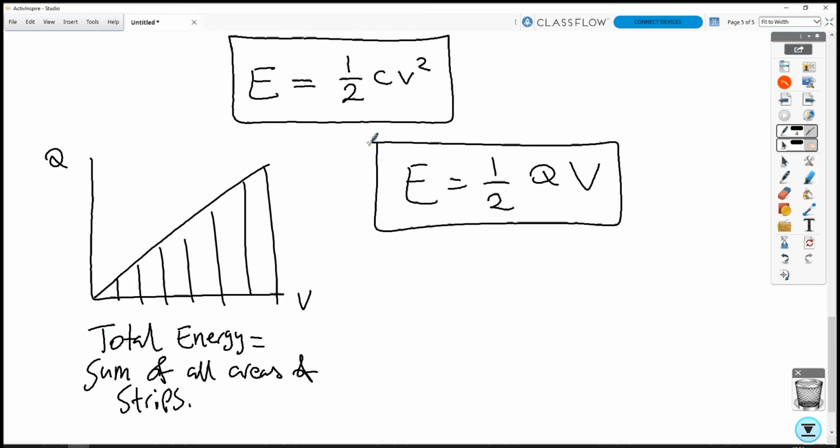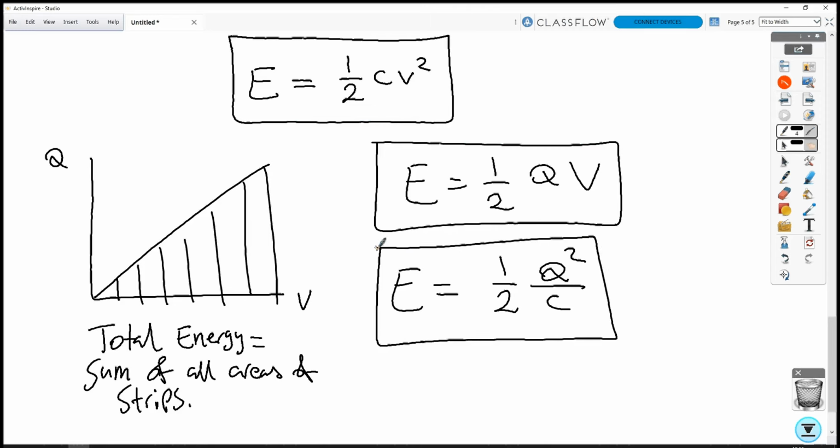And if I take the V squared, we know that Q equals CV, so V squared equals Q squared over C squared. If we substitute into there, the C squared will cancel with the C on top, and we'll get E equals a half Q squared over C. And these are our 3 energy equations. And that's the end of 7.4.3.